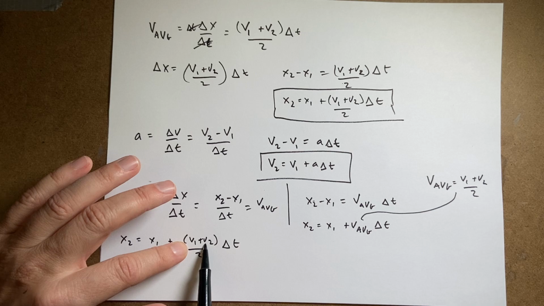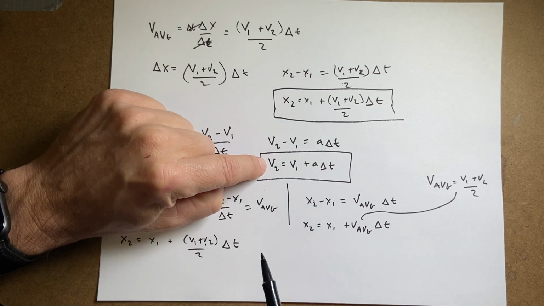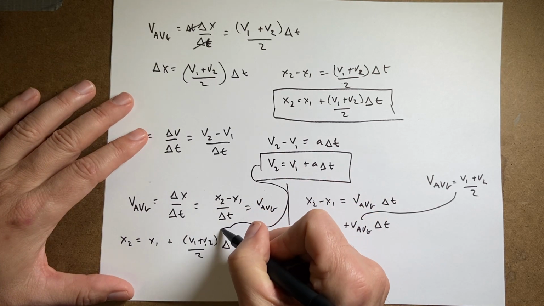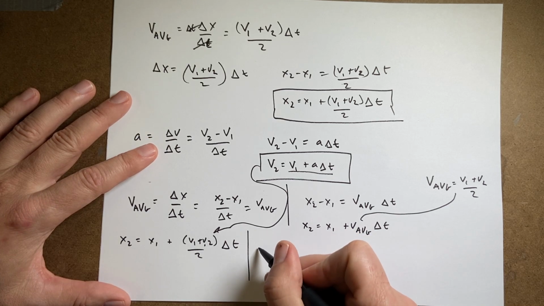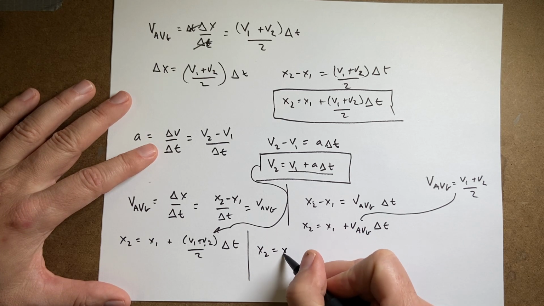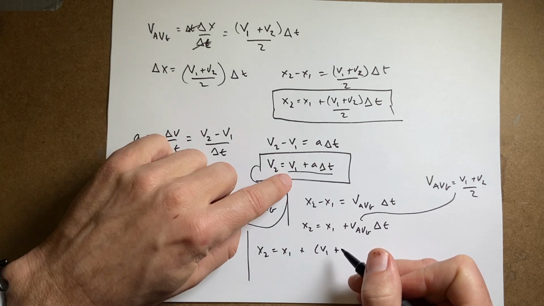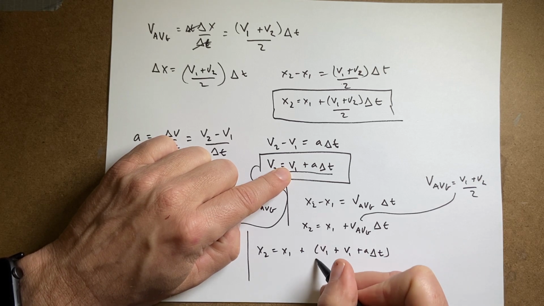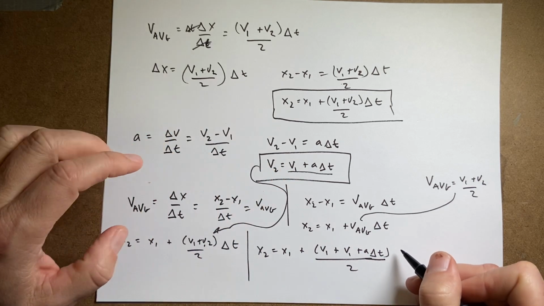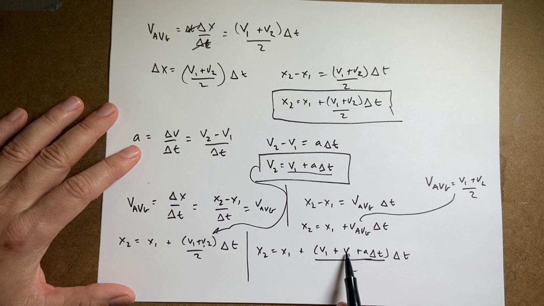So what if I don't want v2? Okay, if I don't want v2, I can actually use this equation for v2. So I can put this thing in for v2. So let's do that. If I do that, I get x2 equals x1 plus v1 plus, now v2 I'm going to put as v1 plus a delta t, all of that over 2 times delta t. Now, here I have v1, and v1 is 2v1.